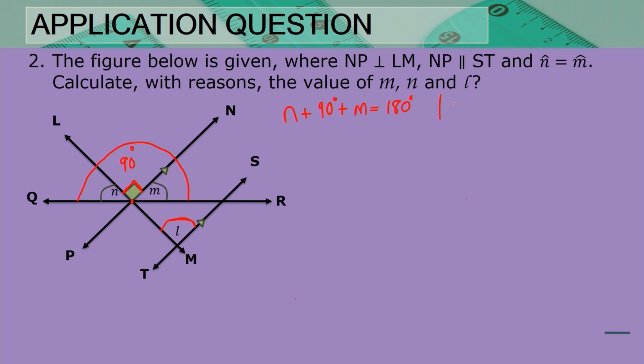And our reason for this is that they are on a straight line. So as we know, the angles on a straight line add up to 180 degrees.